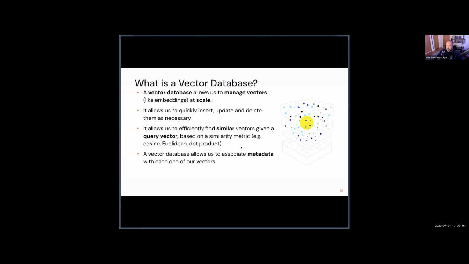For every vector that we store in the database, we can store metadata that's associated with it, whether it's the text that the embedding was created from in some cases, or in other cases some categorical data, some user information, anything that's going to be helpful for us to then build applications downstream. It's very useful because it gives us a way to track and understand what the embedding model is actually doing in relation to the content that we are interacting with.